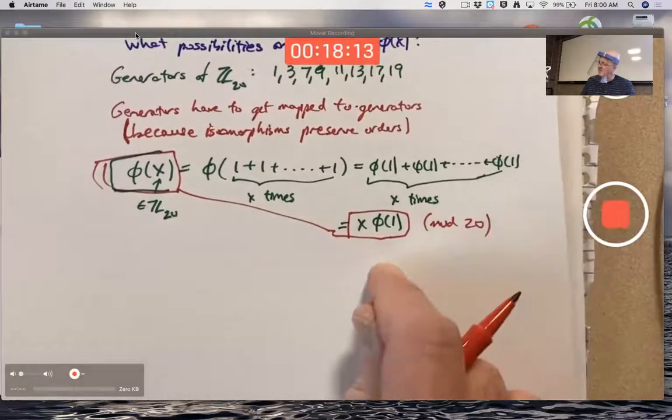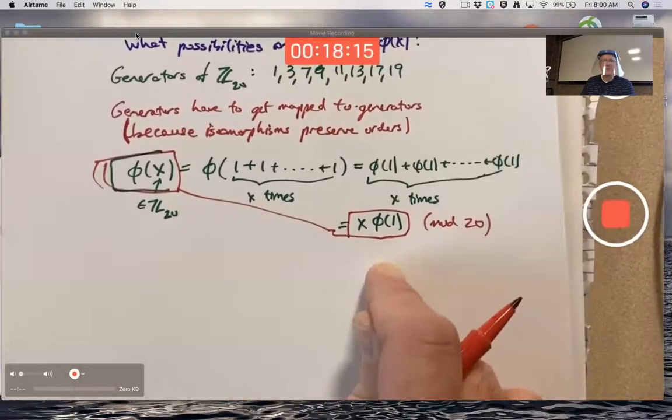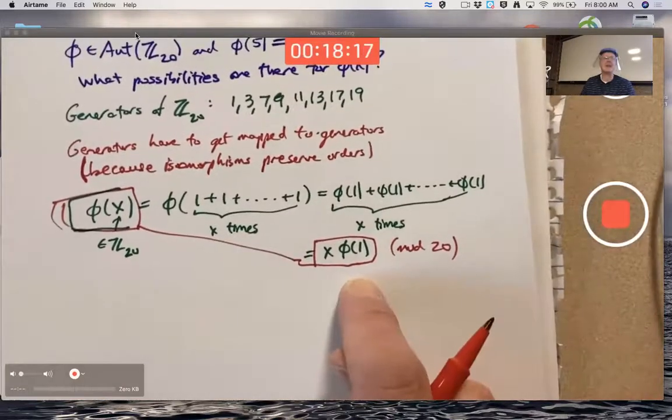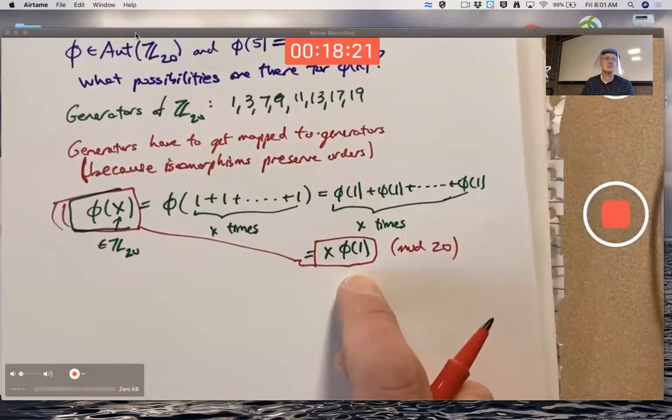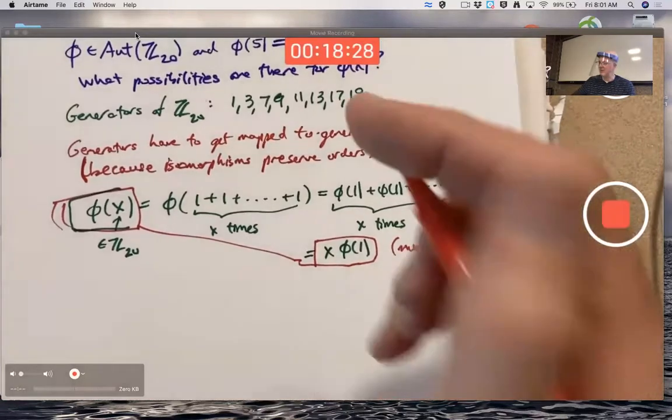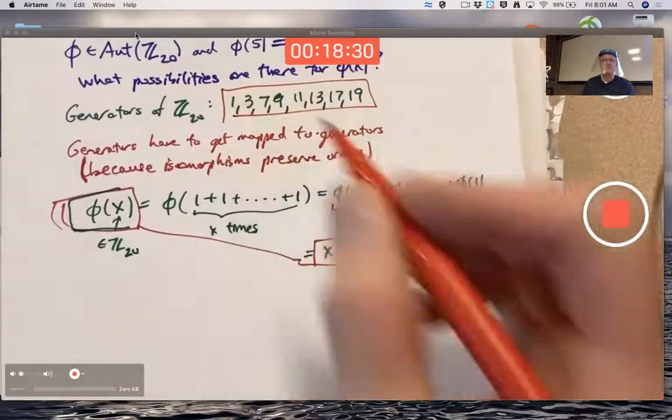But again, phi has to map generators to generators, so I can't just let phi of 1 be anything. It can't be 2, for example, because 2 is not a generator of Z20. Or 5. It's got to be, in fact, one of these 8 numbers.